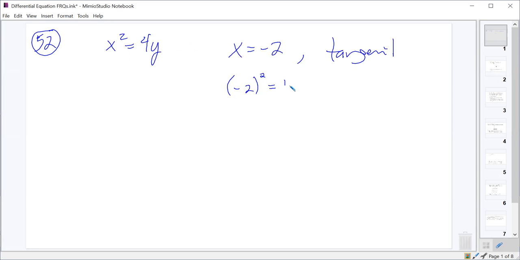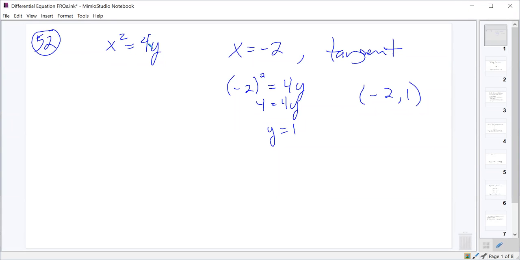-2 squared equals 4y, or 4 equals 4y, tells us that y equals 1. So we've got the point -2 comma 1 as the point at which we're looking for the tangent. And then we need to find our value for dy/dx.